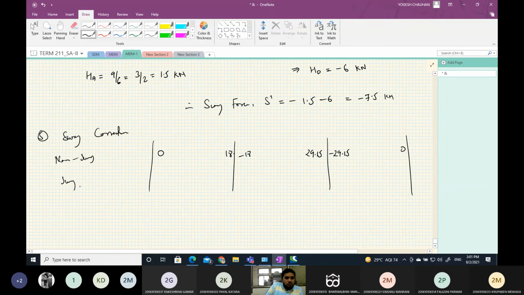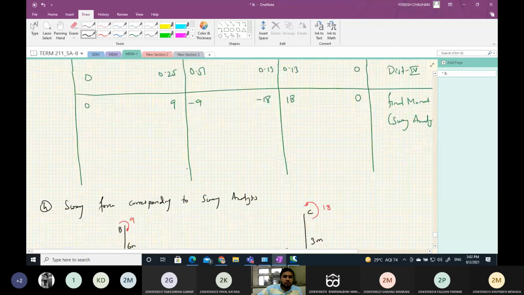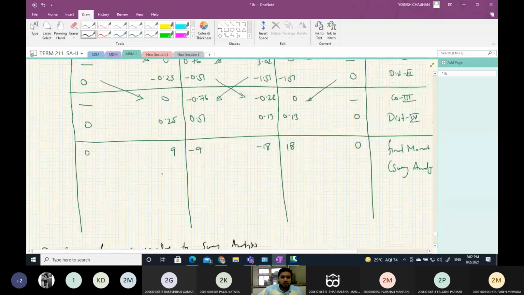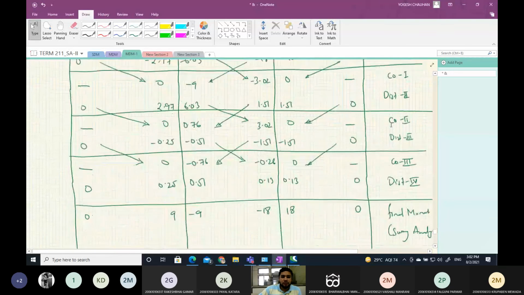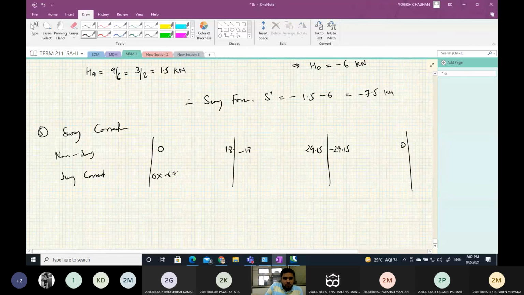Then the sway correction will be: this moment 0 into S, the sway force, minus 6.72, 0 into minus 6.72 divided by minus 7.5. So this will be 0.